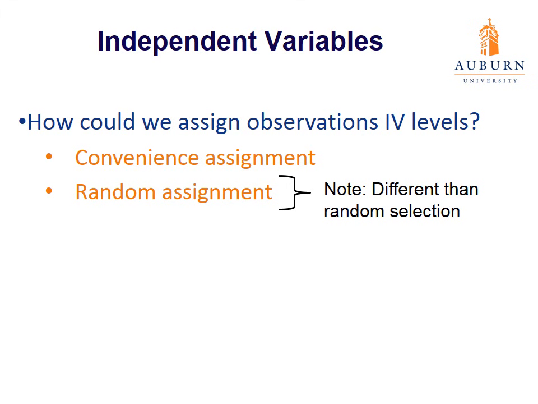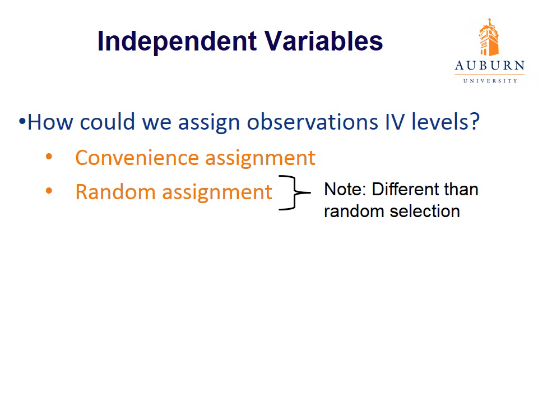So if I'm interested in studying prep course or no prep course, I want the 2 samples or the 2 groups to be absolutely equivalent, or as best as possible equivalent, so that when I get a difference, I can attribute it to the lack of or the inclusion of a prep course, and not to any other individual difference. So make sure you note the differences between assignment and selection.